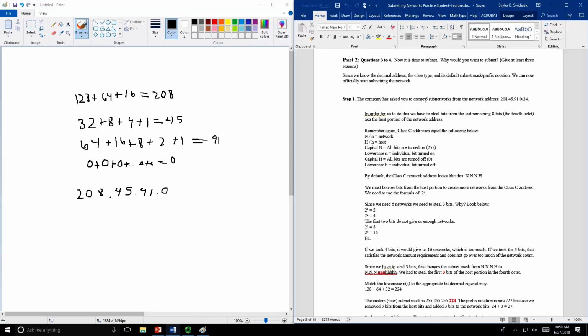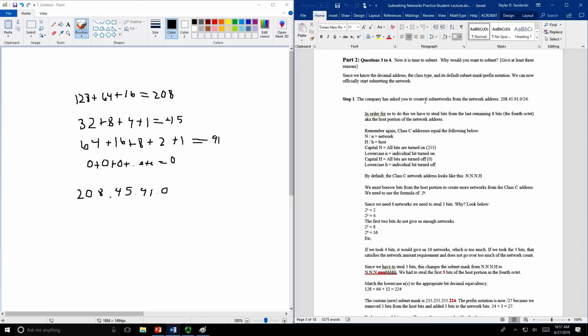The last octet, because it has no network bits and is all host bits, is a capital H. But when we begin to subnet, since we're going to be borrowing from the host section, we will then use lowercase n's and h's in the appropriate octet. So by default, the Class C network address in NH format equals capital N, capital N, capital N, capital H.